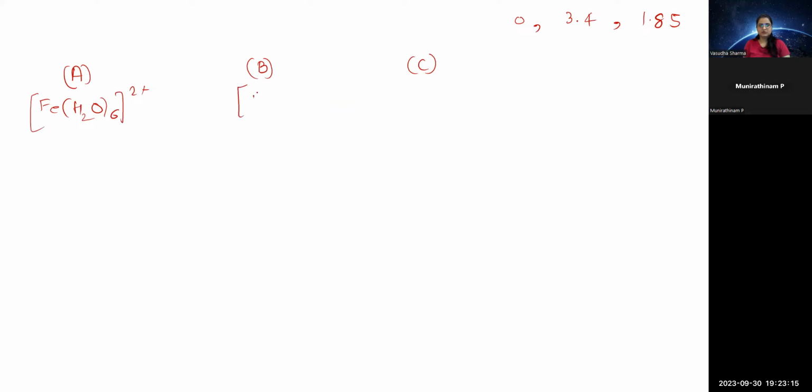So therefore, we are now comparing A, B, and C. The values that are being given are 0, 3.4, and 1.85. We have to assign these values to all three of these complexes. [Fe(H2O)6]2+, [Fe(CN)6]4-, and [Fe(NO)(CN)5]2-.